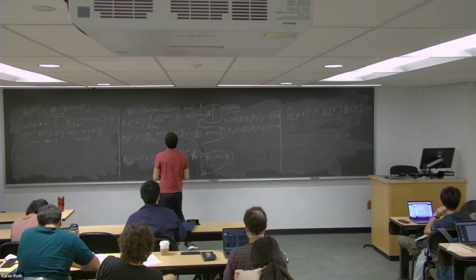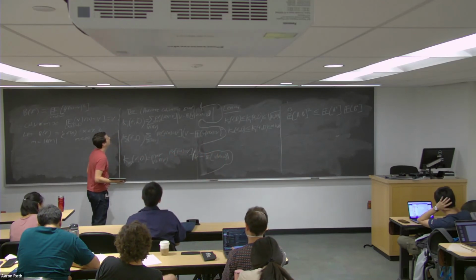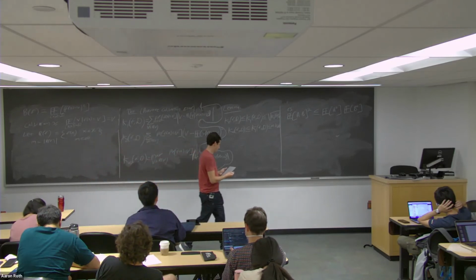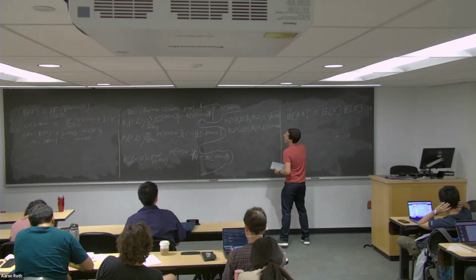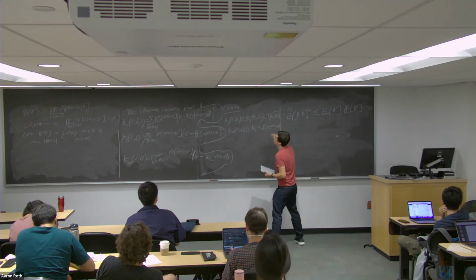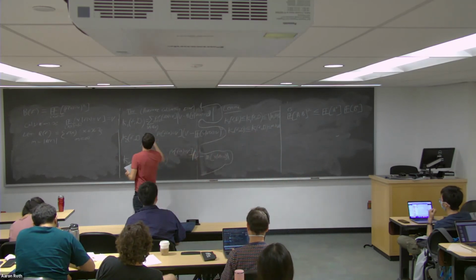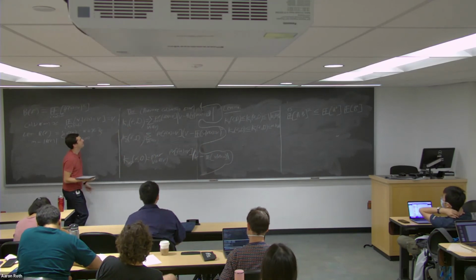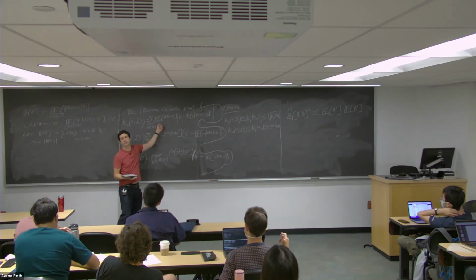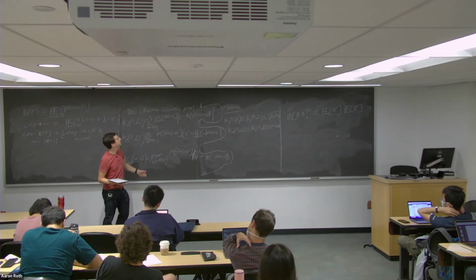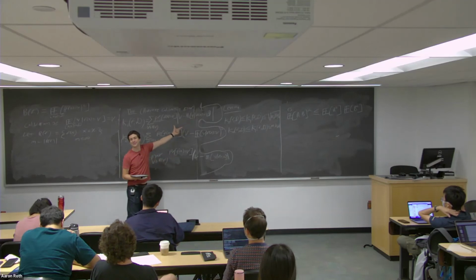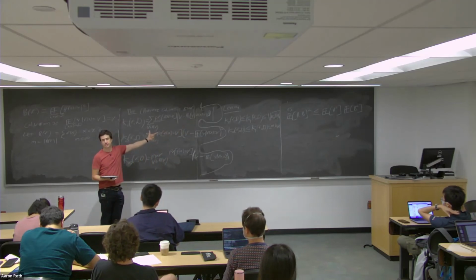What can we say? We can write the L1 calibration error as the expectation over a randomly chosen level set of the marginal mean consistency error on that level set.